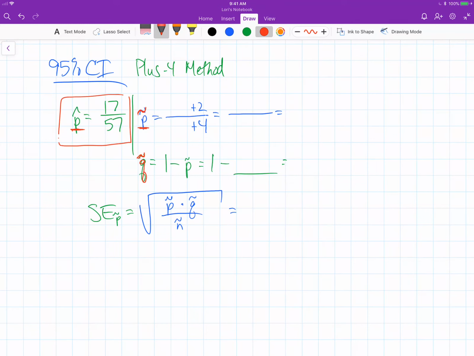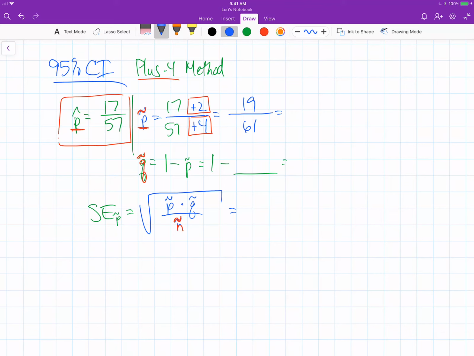And instead of having n of our sample, now we have an n with a squiggly line, by adding 4 to whatever it is that we're doing. Specifically, the +4 method has you add 2 to the top number and 4 to the bottom number. So let's plug our 17 and 57 in here. What we end up with is 19 over 61.